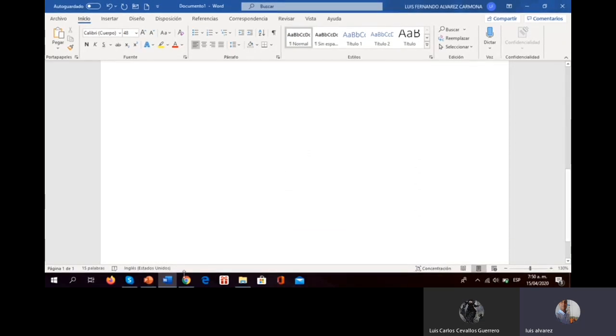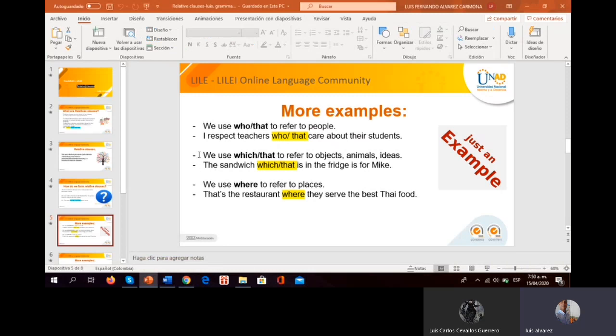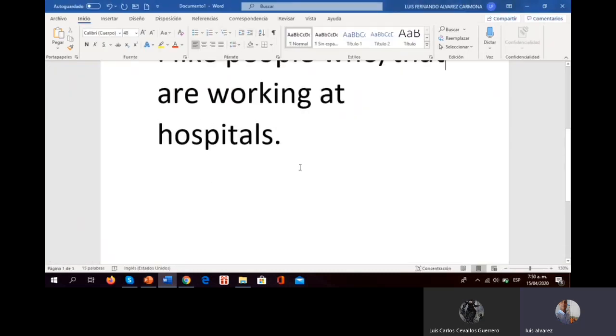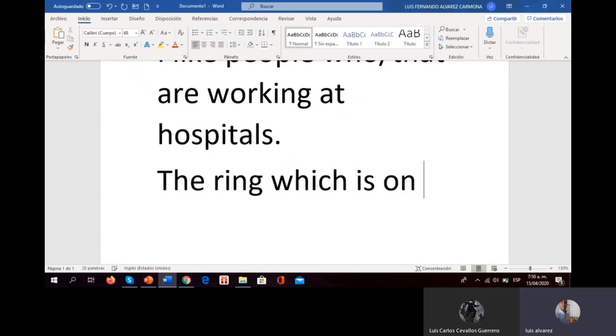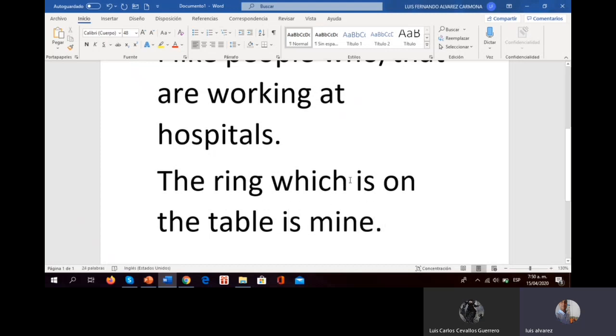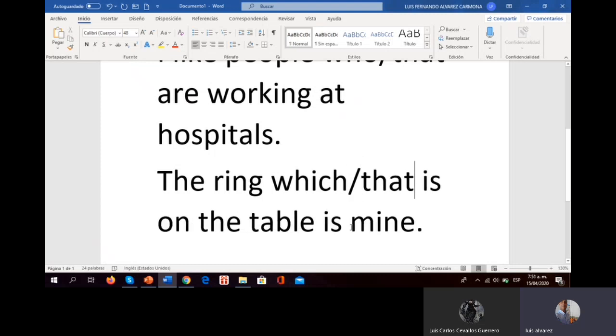All right, very good. Going back to the next one, we use which or that to refer to objects, animals, and ideas. So let's have another example in here. I can say, for example, the green table, which is mine. Or remember, I can also use that in here.